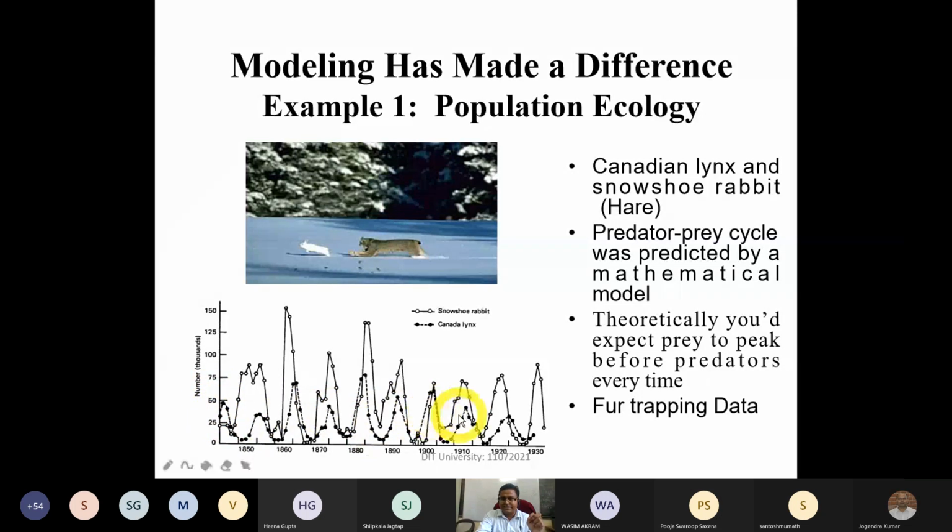You can see that these filled circles are below the peaks of the snowshoe hare. Anyway, looking at only this data of both at one phase, how will you predict that it is a prey-predator model?